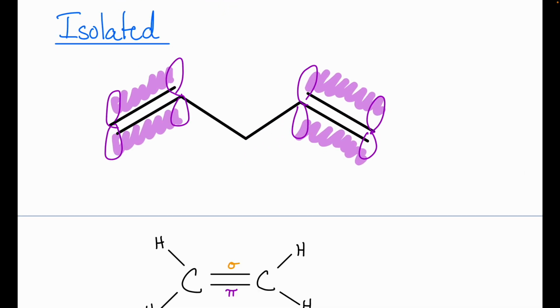This carbon in the middle does not have a p orbital available. It is sp3 hybridized. So those two sets of orbitals cannot talk to each other. Those two pi bonds can no longer talk to each other because we've got this carbon in the middle messing up that network. All right, so in our isolated dienes, our pi bonds cannot delocalize.